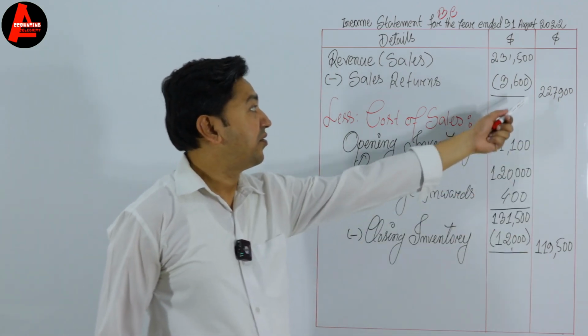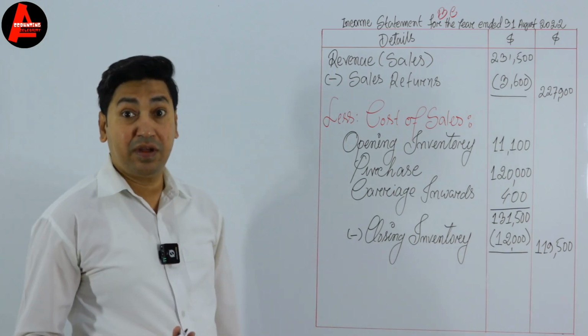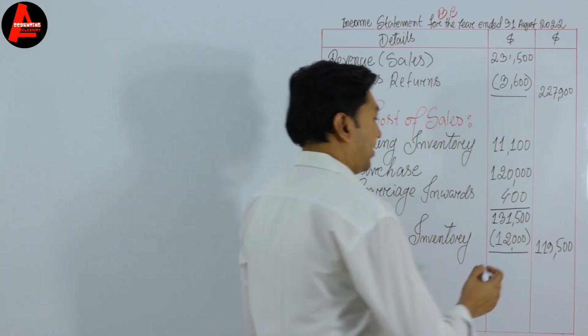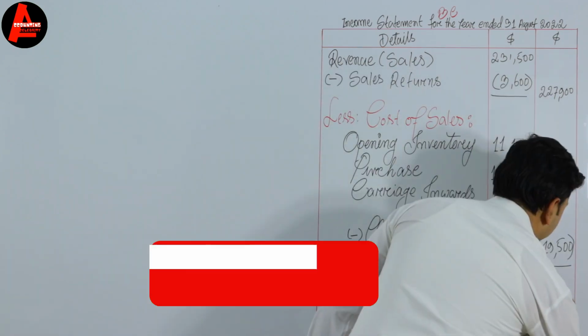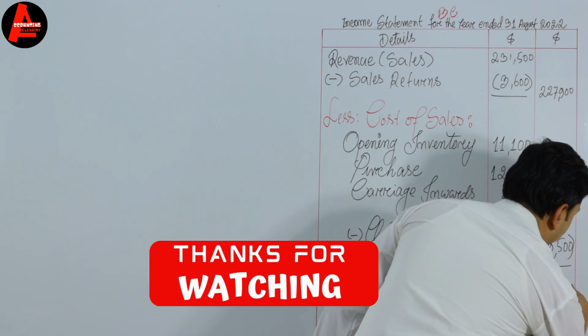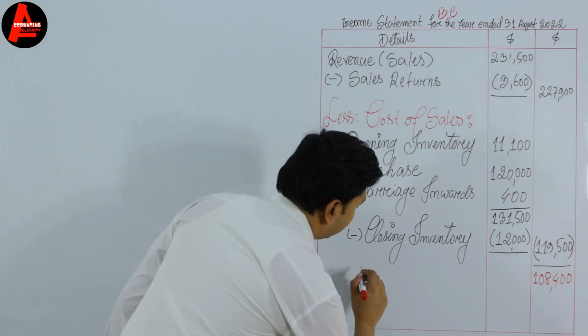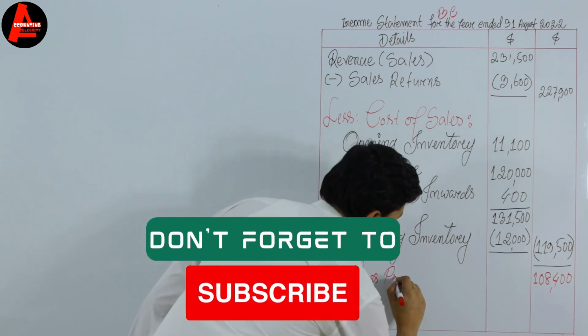Our revenue is greater than cost of sales, so obviously there will be a gross profit. If we minus this amount, we have here $108,400. So let us write here gross profit.